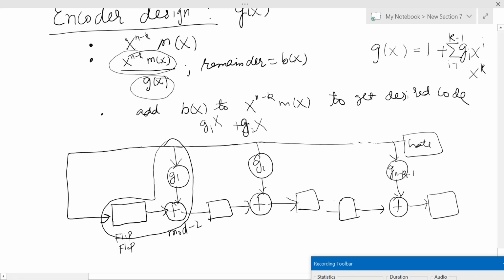Okay, so if you go back to digital electronics and see how divisors are designed there, you will get it. If you don't get it, you can simply remember it also.